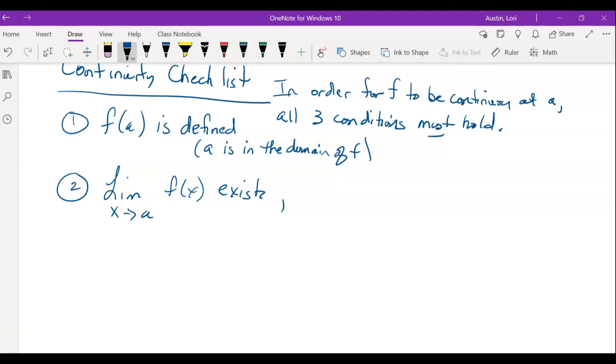And that is the piece you often have to check here that students forget to check. That means the limit as x approaches a from the left has to equal the limit as x approaches a from the right. Because you'll think the limit exists, but it doesn't. Okay? So we'll go back up to those 3 examples again.